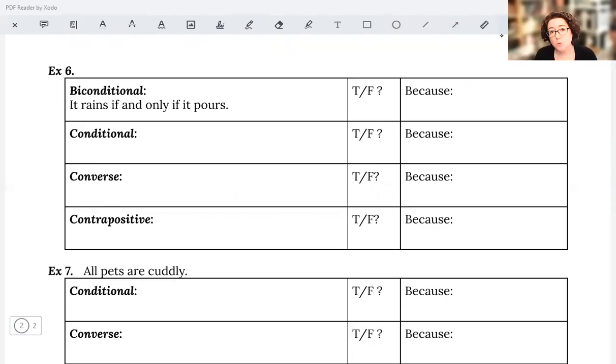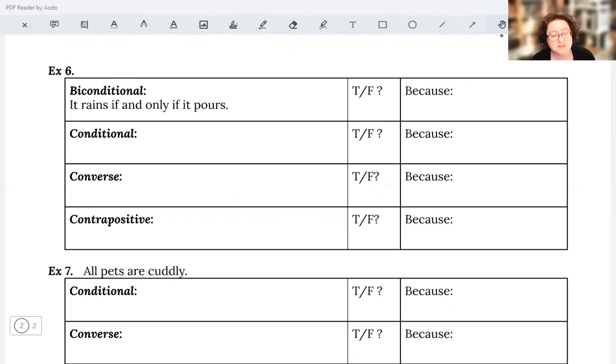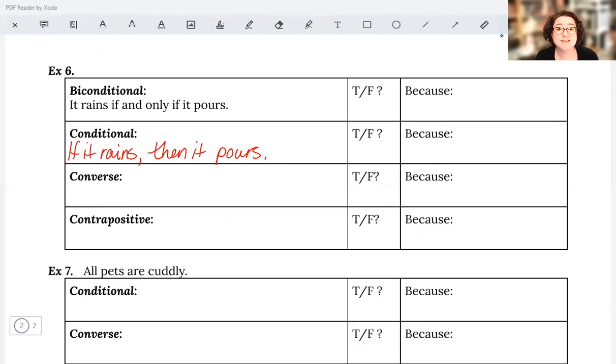Basically, it means no matter what order we read that statement in, it has to be true. So for my conditional statement, I'm going to start out by writing that just the same order that I see the biconditional in. So if it rains, then it pours. Sort of related to what we were just talking about. So if it's raining outside, does it have to be pouring?